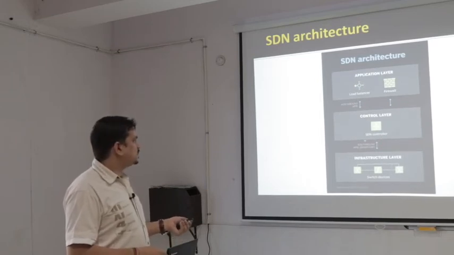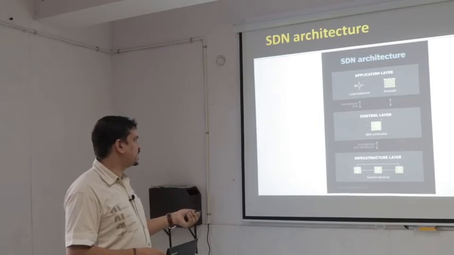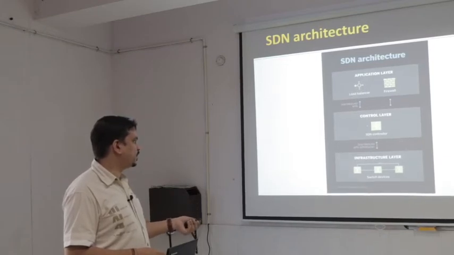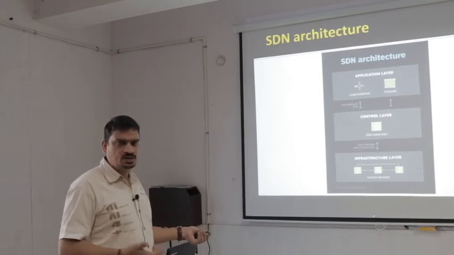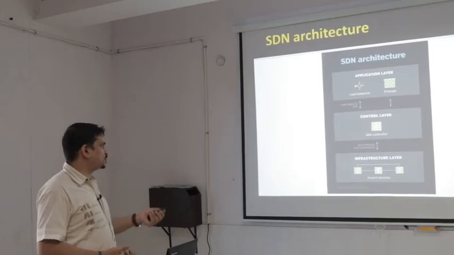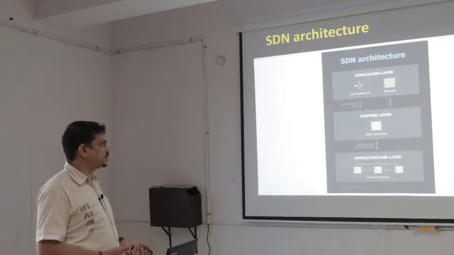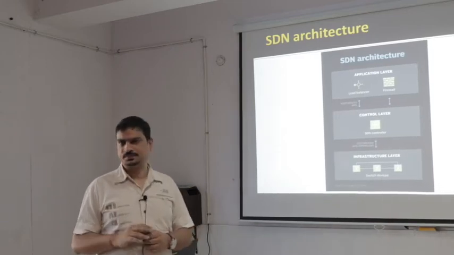This means the SDN controller can communicate with the application layer, as well as with the actual physical devices, the routers and switches. So this is the architecture of SDN, which is provided by some vendor.